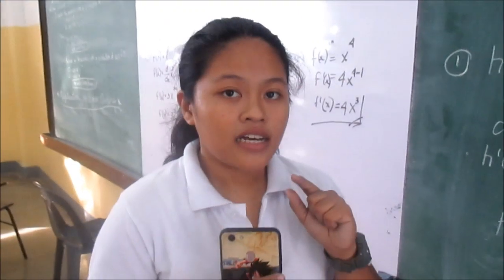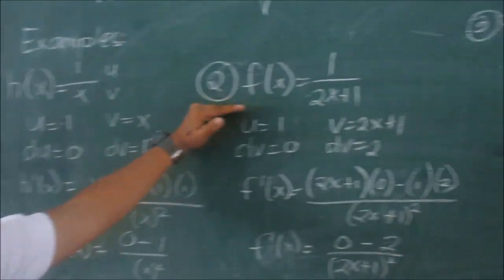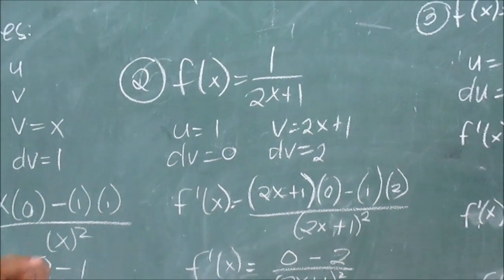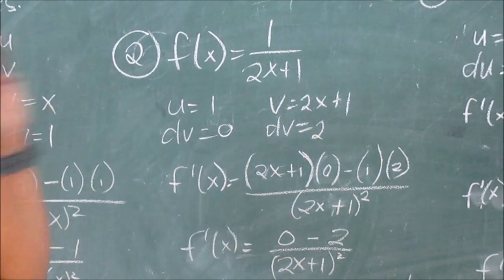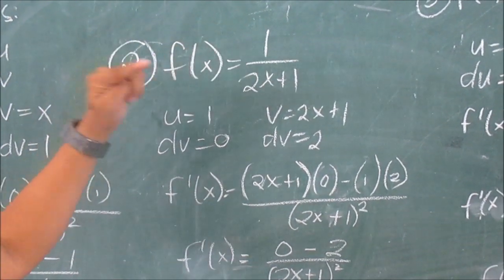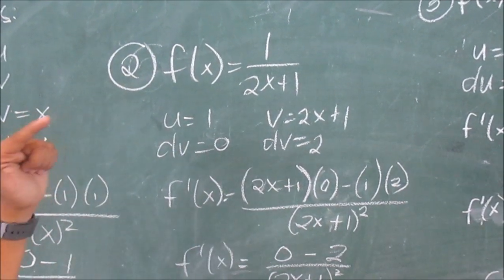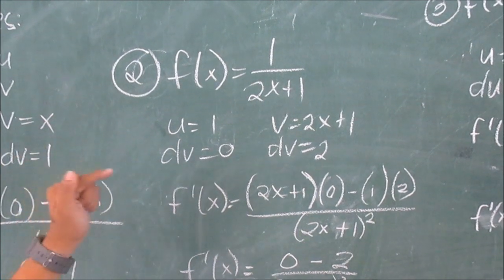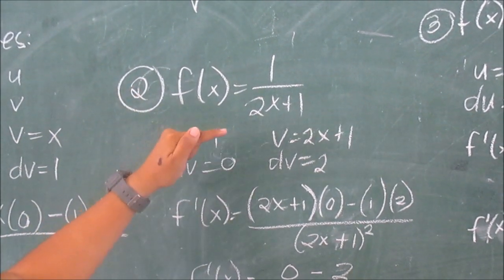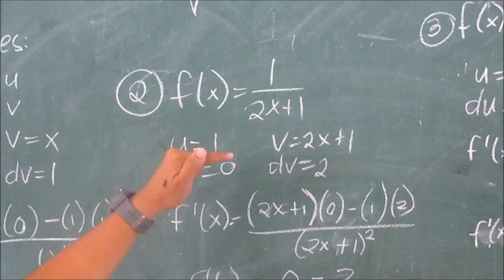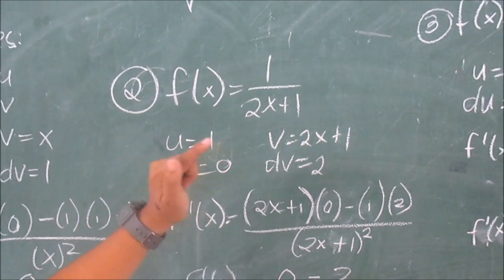So the next example is f of x equals 1 over 2x plus 1. Like what I've said, we must get the derivatives of u and v. So u is equals to 1 and its derivative is 0. And v is equals to 2x plus 1 and its derivative is equals to 2.